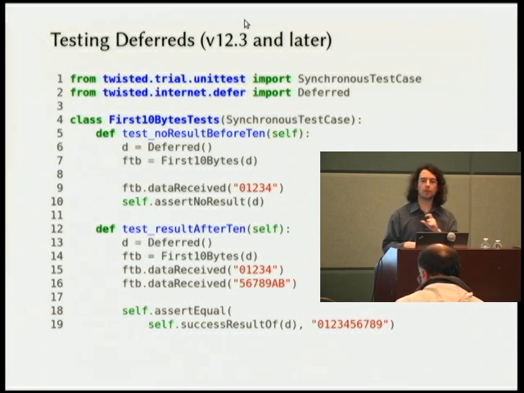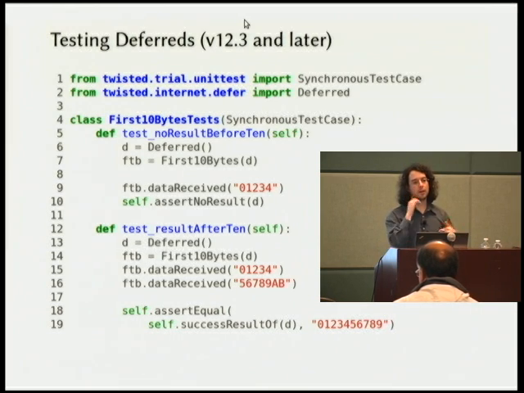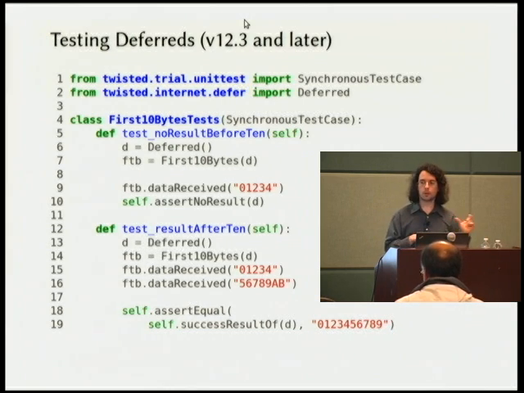It's called successResultOf because deferreds, like the Python stack, can return things both as success results and as errors, much like throwing an exception. So we want the success result, and we assert that that is equal to the first 10 bytes that the protocol received. So we can make assertions about the current state of a deferred and get back an immediate result and make assertions about it.